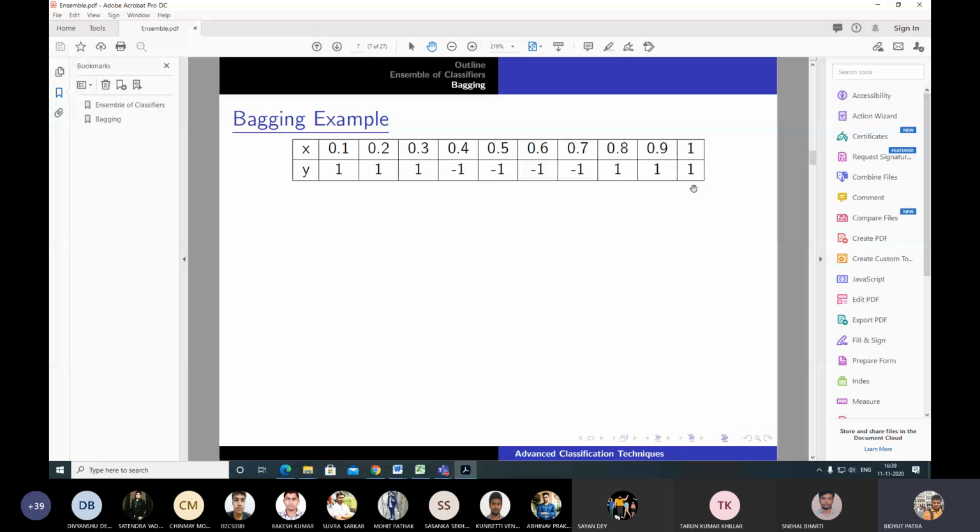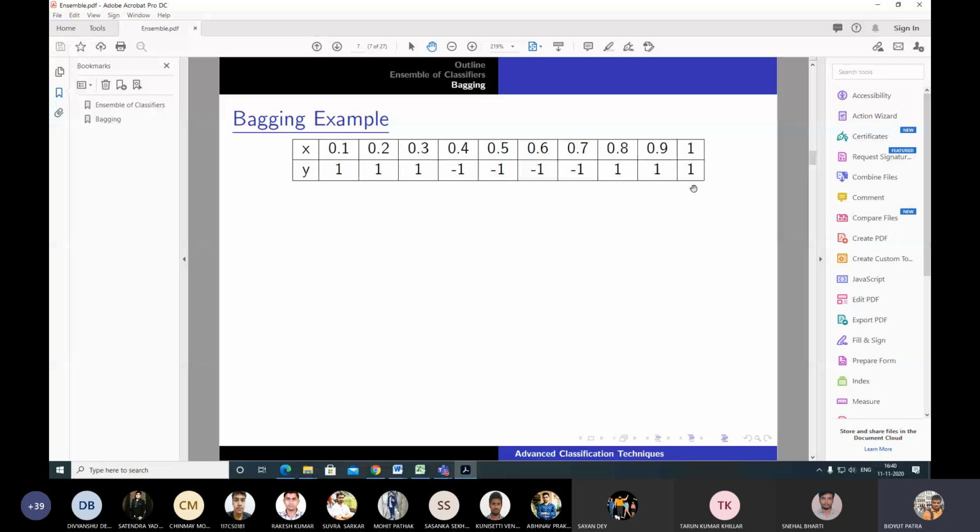This is nothing but a real line x. If you count from 0 to 0.1, then 0.2, 0.3 and so on, each has a class label. Suppose this is one object: 0.1 is a value and it has a class label of 1.